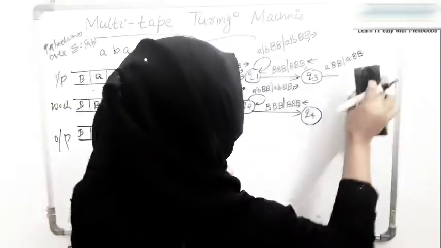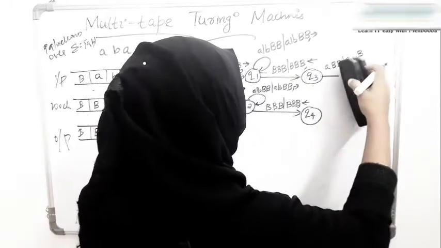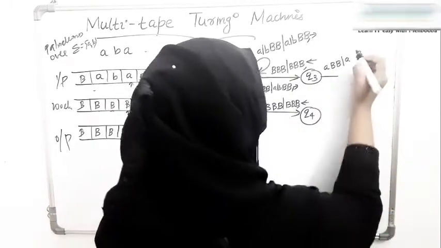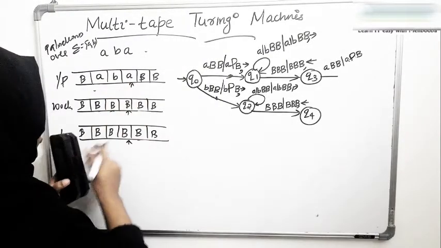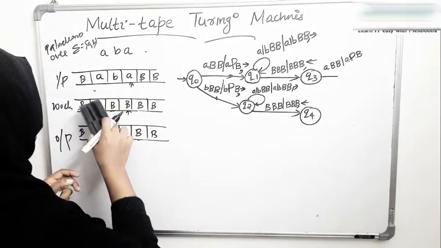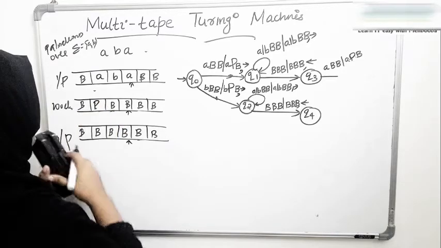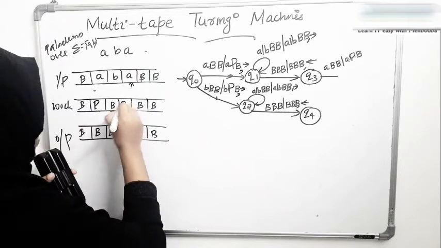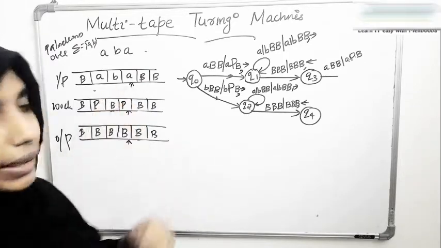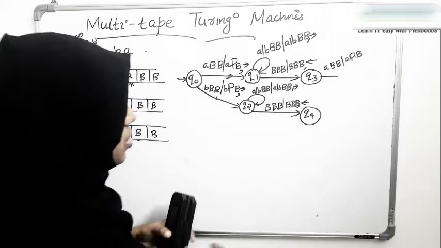We can change the character in the second tape to a P here also, because this means that this A has also been processed. So this A will be converted to a P, and along this A also we will have a P, because these two characters have been completely processed, isn't it?